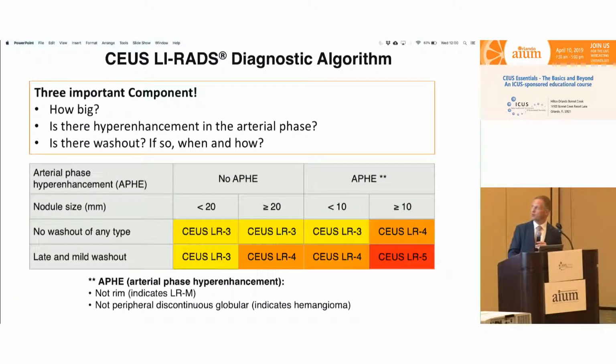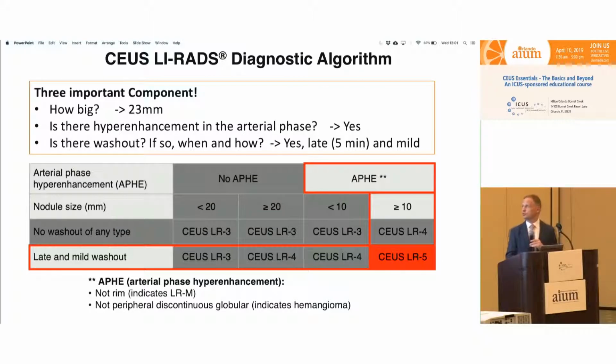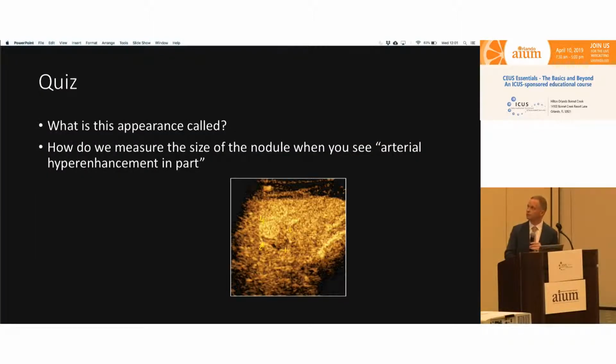So with this table, how big? 2.3 centimeters, hyperenhancement, yes. Washout, yes. So this is a classic LI-RADS 5 lesion. However, this is a very specific appearance that we use as an ancillary feature for malignancy that's called nodule-in-nodule. In nodule-in-nodule, you can see hyperenhancement of the relatively larger nodule with some parts demonstrating lower enhancement.